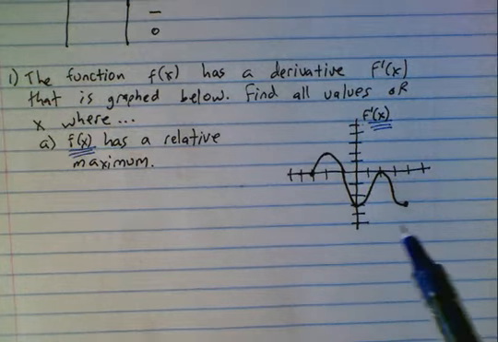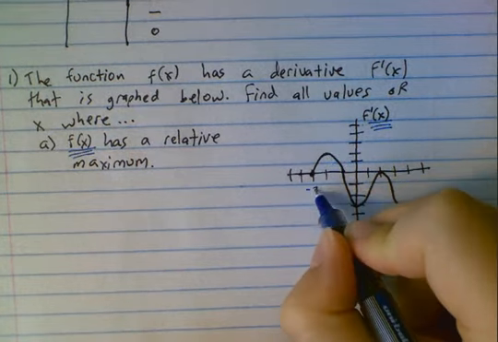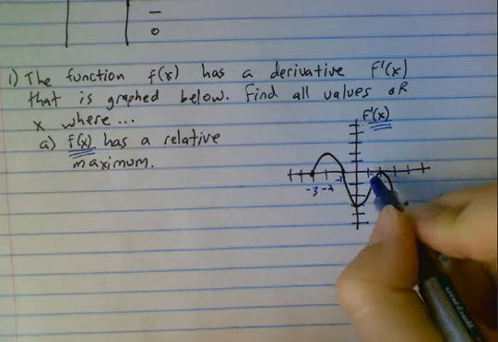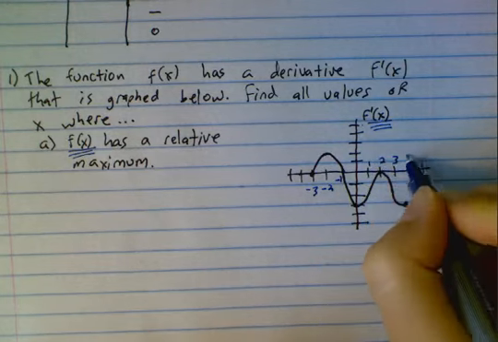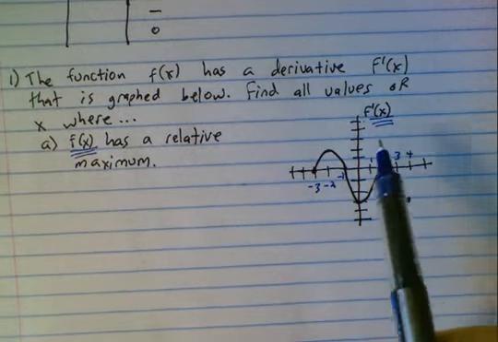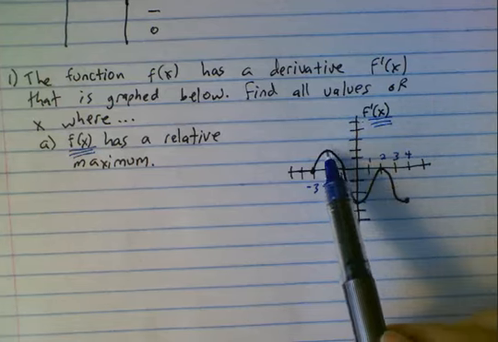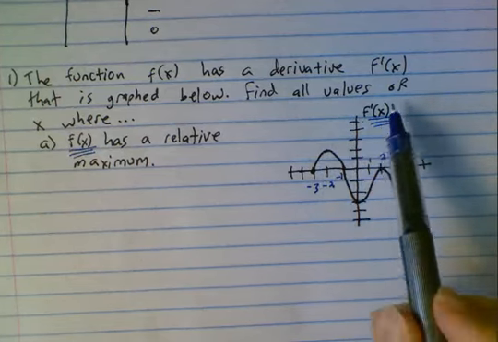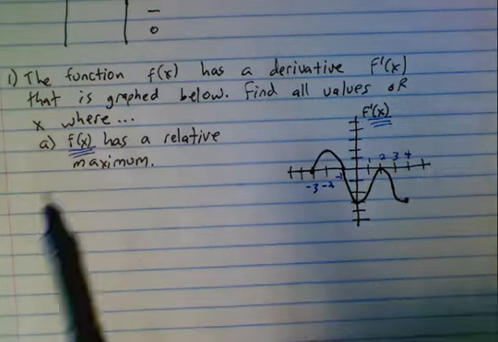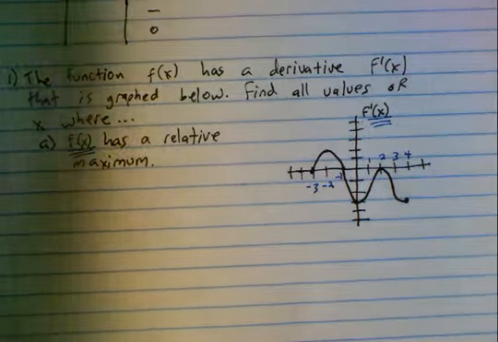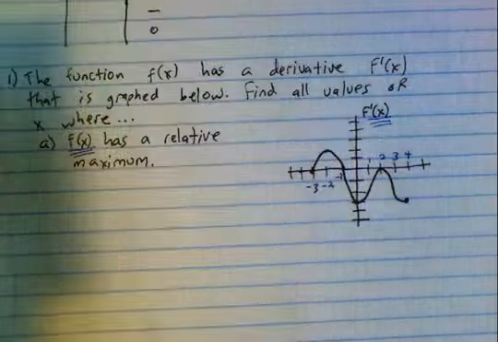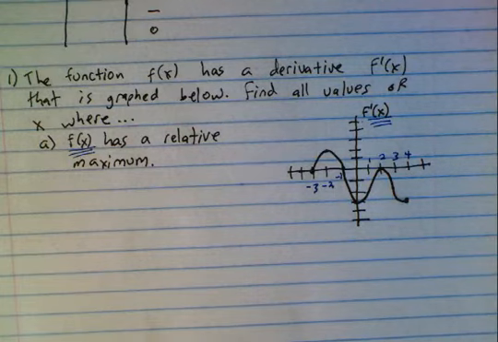So we can't just say, oh look, right here, let's label these -3, -2, -1, 1, 2, 3, 4. We can't just look right here and say, oh, there's a relative maximum, that's our answer. This is f prime of x, and this is f of x. So we have to use the little translation chart that we just drew out above.